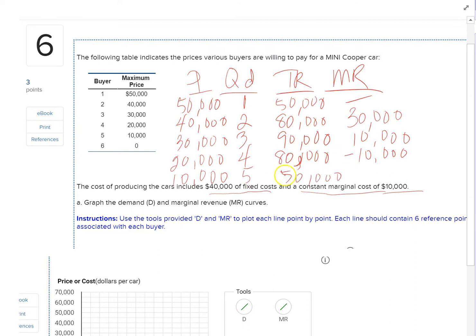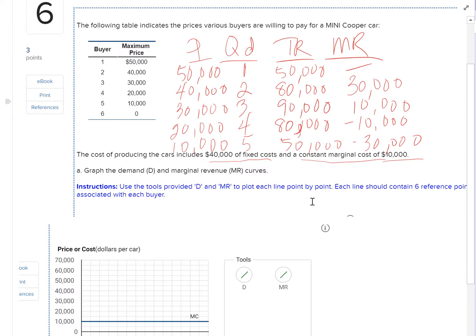So the revenue is a negative 30,000, the marginal. Okay. So all this information is going to go into our graph. And there is one more piece of information to put in, and that's going to be at a price of 0, 6 are demanded, but there's 0 revenue. And the marginal will be a negative 50,000. I just didn't have a place to write all that.